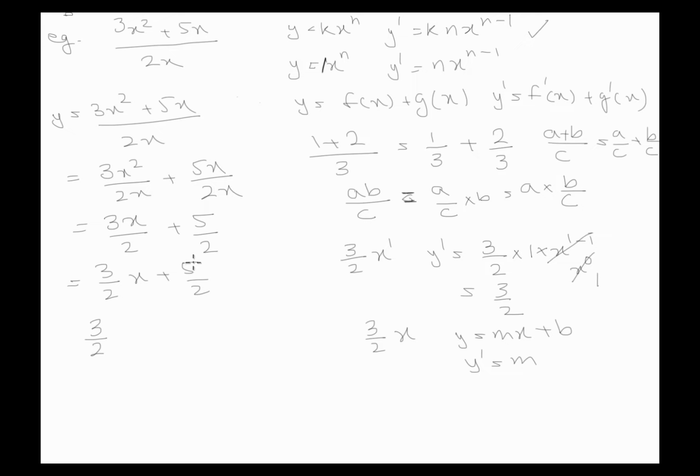And then we also know that if I have 5 over 2, that's just a constant, and the gradient of a constant is 0. So your y dash is just 3 over 2. Okay.